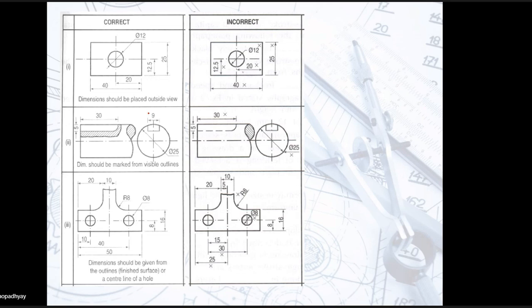Dimensions should be placed outside the view. They should be marked from visible outlines and should be given from the outlines or the center line of a hole. Right? With more and more drawing practice, all these things will go into your head.